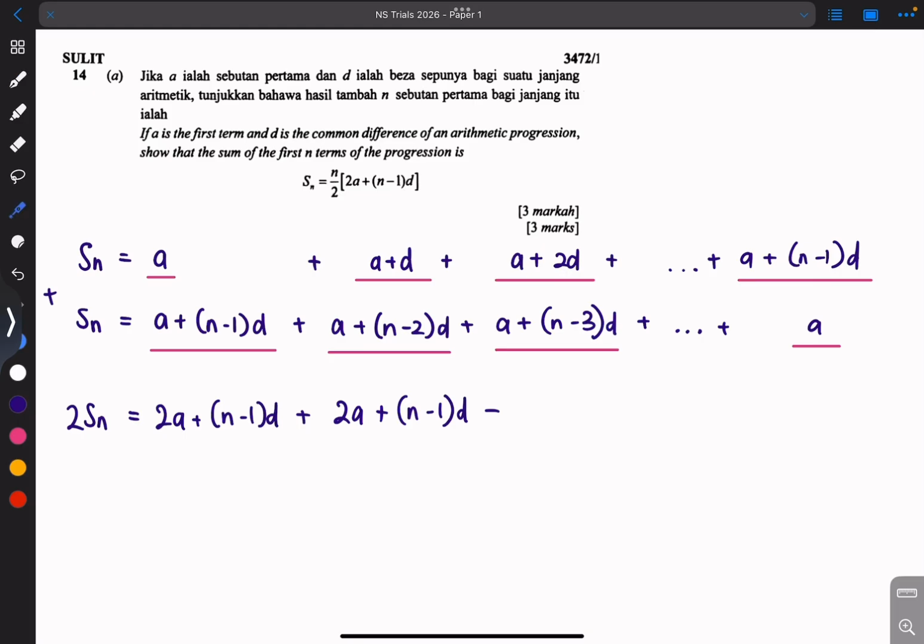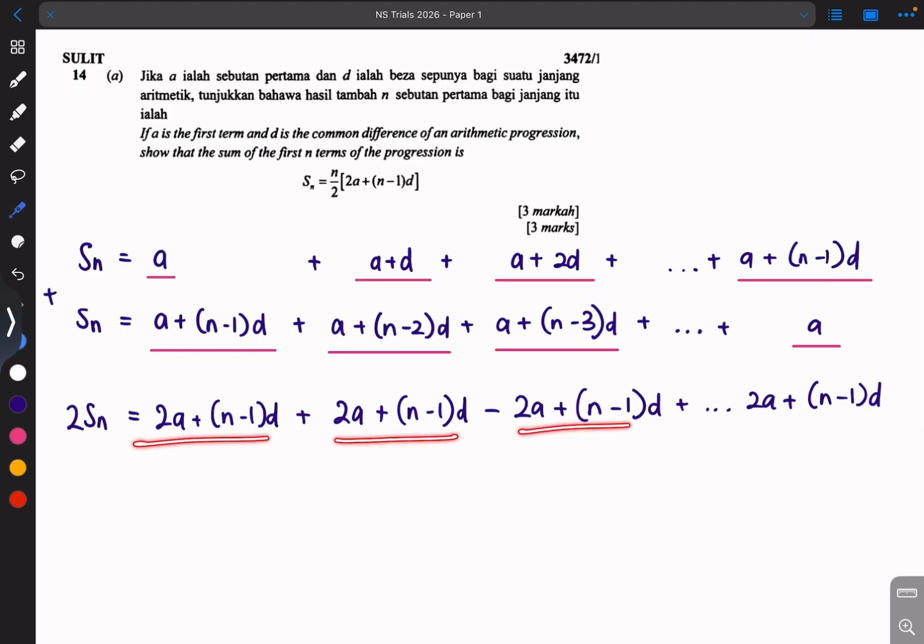Okay, anyway, so negative 3d plus 2d will get us back our negative 1d. So you can kind of see a pattern forming here. The last one would be a plus a is 2a plus n minus 1d as well. So you can see the same thing over and over again. Alamak, I forgot to put plus.